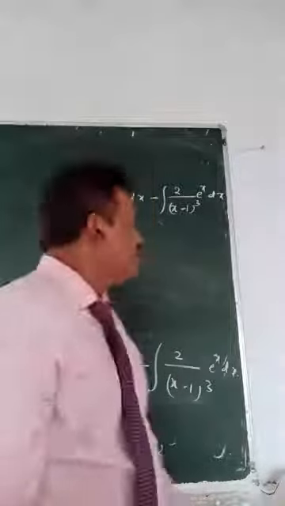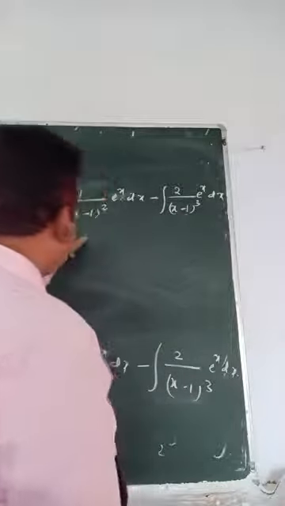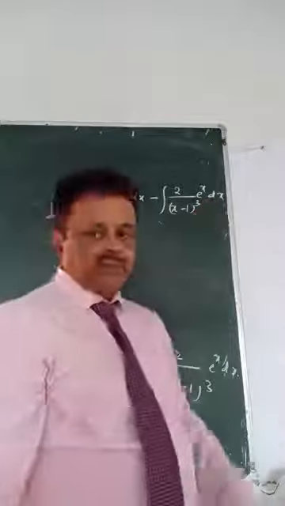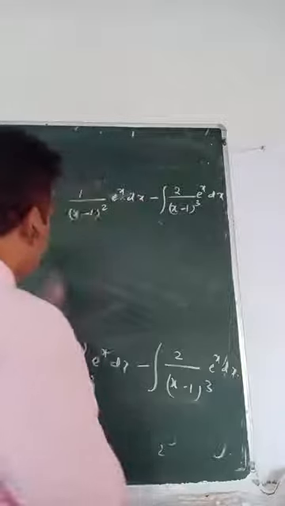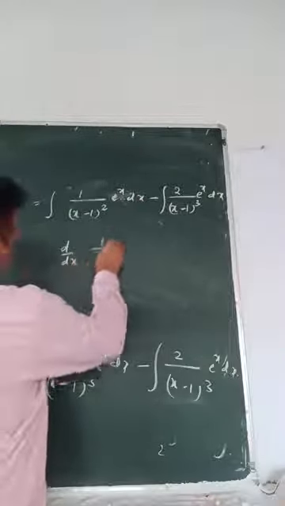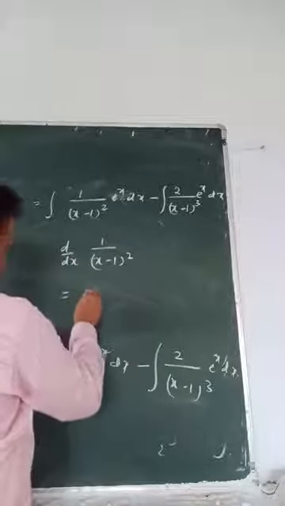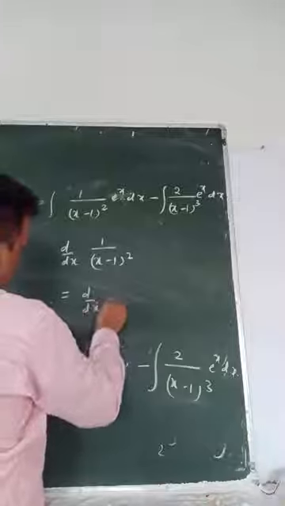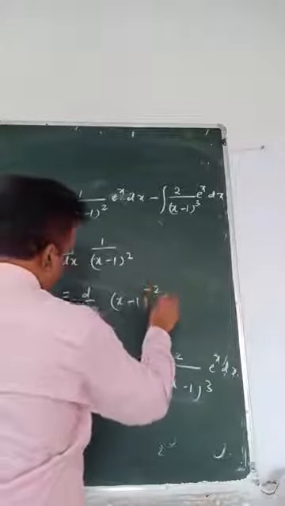So how to know whether this one is derivative of this or this one is derivative of this? Obviously this one is derivative of this. I can check it for you. What is d/dx of 1 by x minus 1 whole square? It is d/dx of x minus 1 power minus 2.